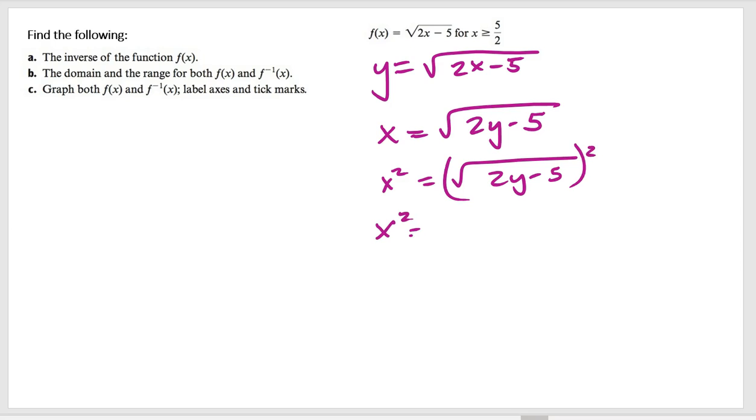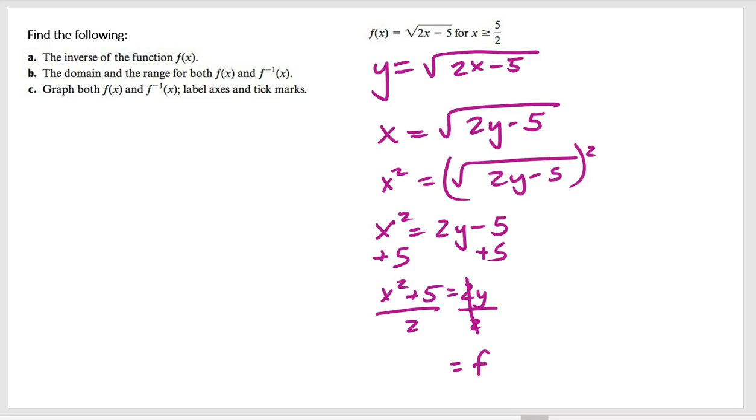And I'll get x squared is equal to 2y minus 5. Okay, so I'm going to add 5 to both sides. And I'm going to divide by 2. And then my last step, I'm going to replace y with the inverse of f of x.